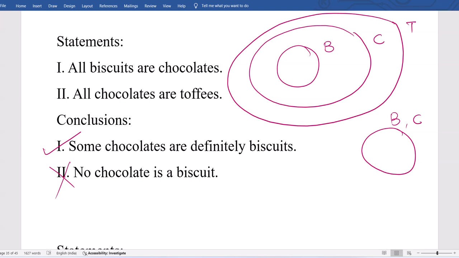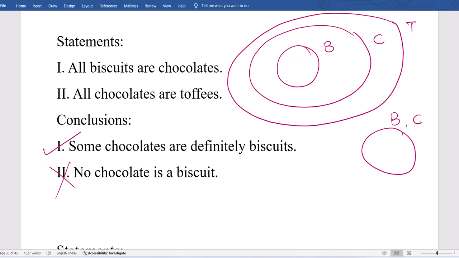But what about, if you are arguing that toffees also are there, so fine, okay. As per that discussion, some toffees are biscuits. Some chocolates are definitely biscuits. See, it's not meaning that.